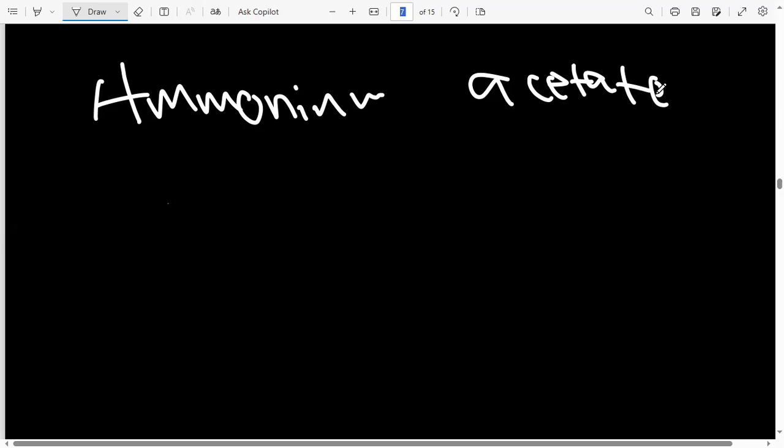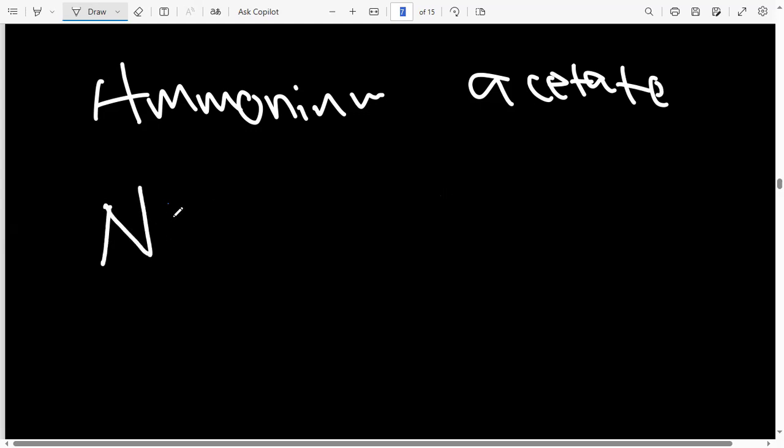In this chemical formula we don't have a metal. We have ammonium, which is a radical, and acetate, which is a radical. Ammonium is one of the rarest radicals you can find, because most of the radicals that we have are negatively charged, but ammonium is positively charged.